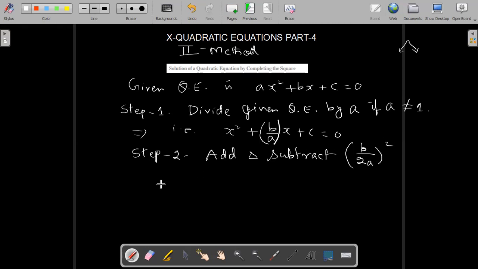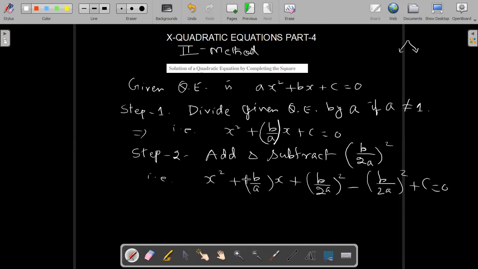Then the first part will become x square. When here it is a plus, we will add first and then subtract. We will add and subtract always. First we add b upon 2a whole square, and minus b upon 2a whole square plus c, and this will always become a complete square.